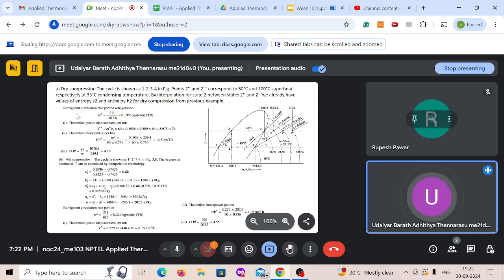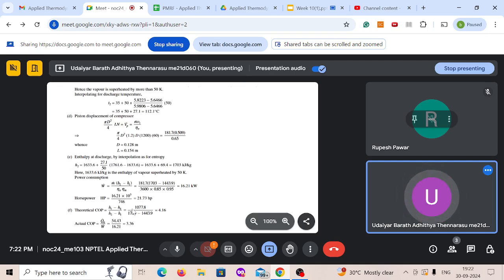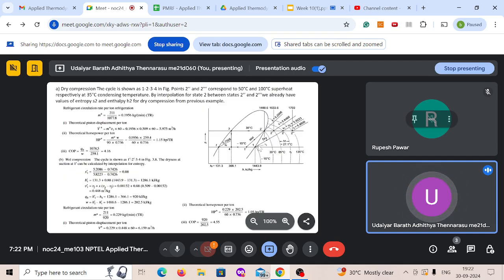So refrigerant circulation rate per ton of refrigeration is 211 divided by 1077.8, which is H1 minus H4, which we found in the previous problem. So that gives you mass flow rate as 0.1956 kg per minute.